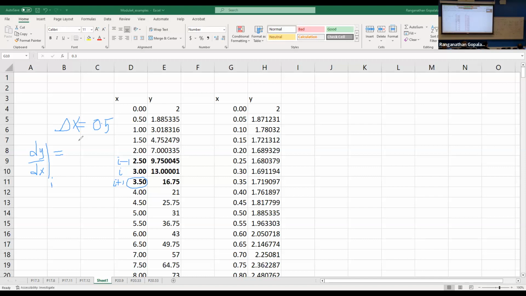So what will be the order of magnitude of my error? Second, right? You're going to lose a delta x and get delta x squared. So the terms that you throw away, starting from here, have an order of magnitude delta x squared.